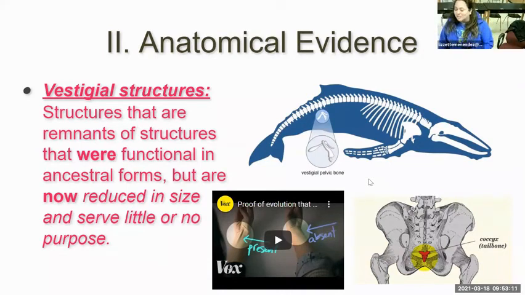So vestigial structures are structures that are remnants of structures that were functional in ancestral forms, but are now reduced in size, so they're smaller, and they serve little to no purpose. So essentially just structures that various organisms have in their bodies that used to have a purpose, but they don't really anymore. That's essentially what these are. So go ahead and write that down in your definitions, and I'll talk a little bit more about that after I give you some time to do that.